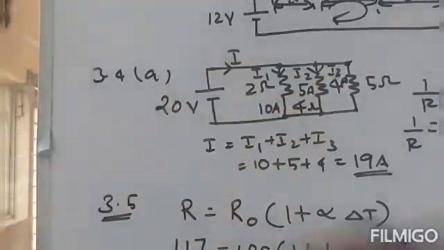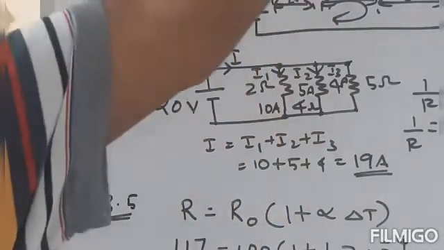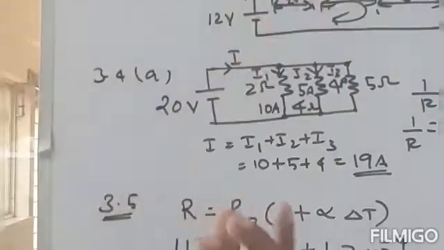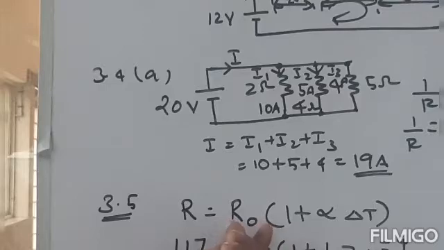So from room temperature, we go to 1027 degrees Celsius, then resistance changes from 100 ohms to 117 ohms. Okay? It is very easy to do the problem. That is 3.5. Okay, let's do problem 3.6.